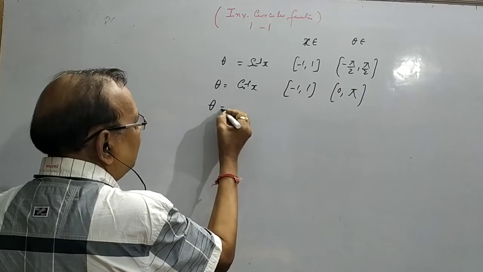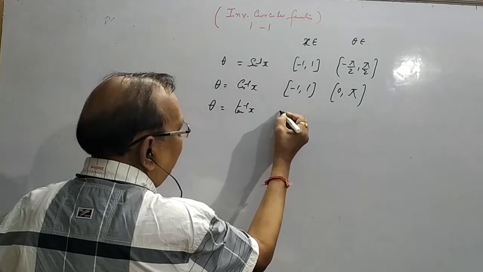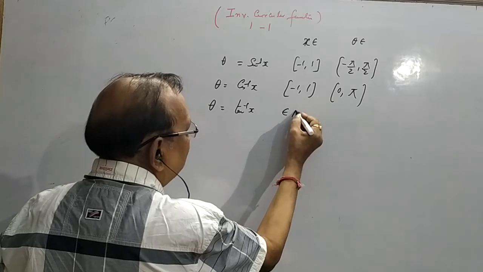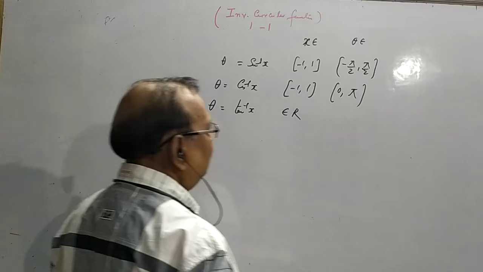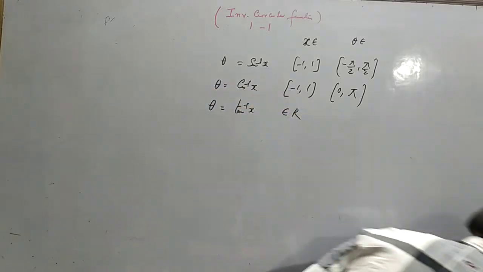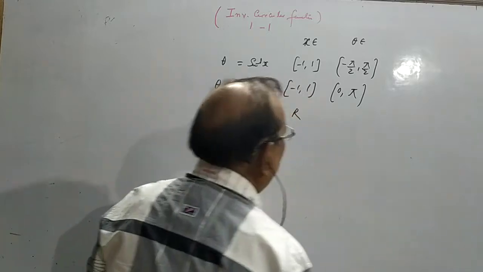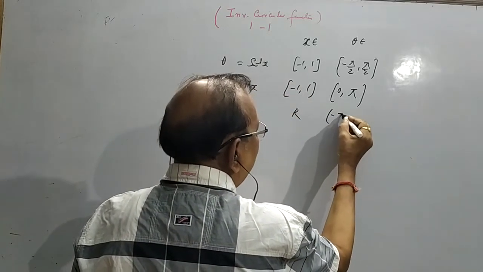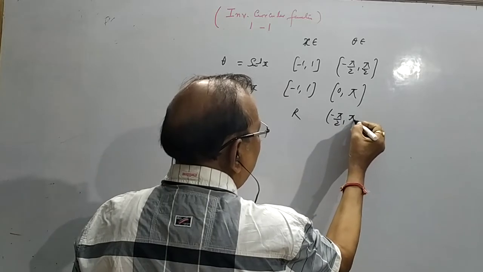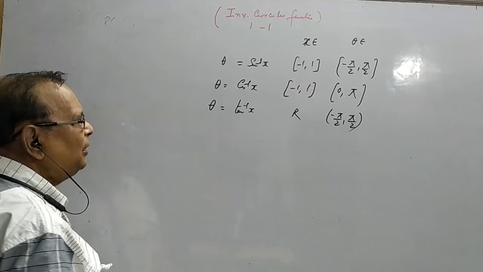For theta is equal to tan inverse x, x belongs to R, that is real. I am writing R as the real numbers, and theta lies between minus pi by 2 to pi by 2. Again, that is lying in the fourth quadrant for principal values.